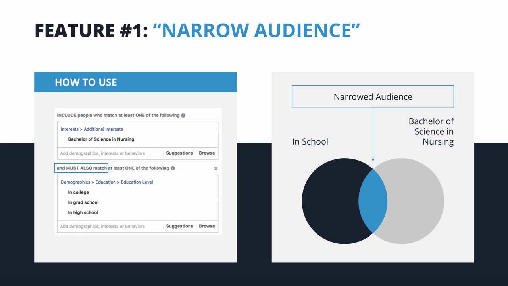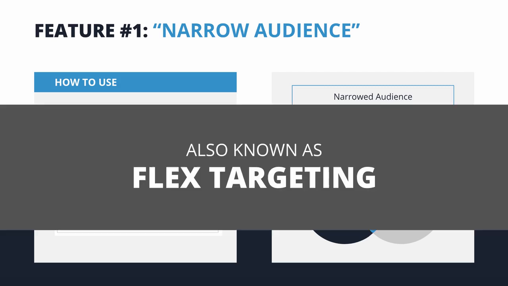Because think about it, if they're in high school and they're interested in that Bachelor of Science in Nursing, that's the perfect person for nursing school. I targeted those people, and it went fantastically well. So this is an example of the narrow audience, which is doing two things together that have to match. Flex targeting, by the way, is the term for this.